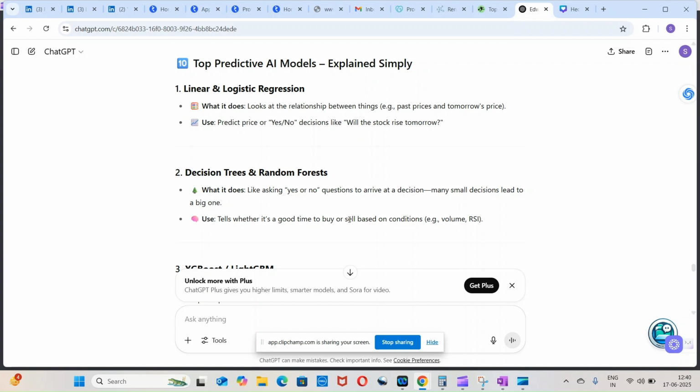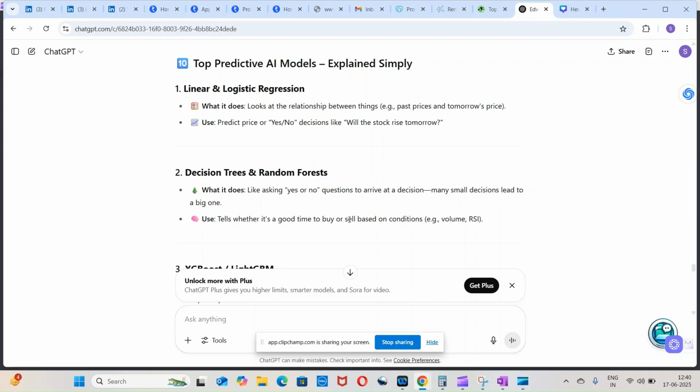A decision tree maps out your small decisions that lead to a big one. It has yes or no flows, where based on a certain flow you come to a particular decision. Random forests are basically decision trees at scale, done with a lot of parameters and a lot of outcomes.